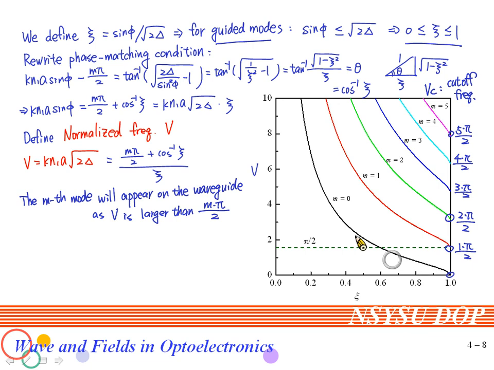For the m0 mode, it will appear on this waveguide as the normalized frequency is larger than 0.